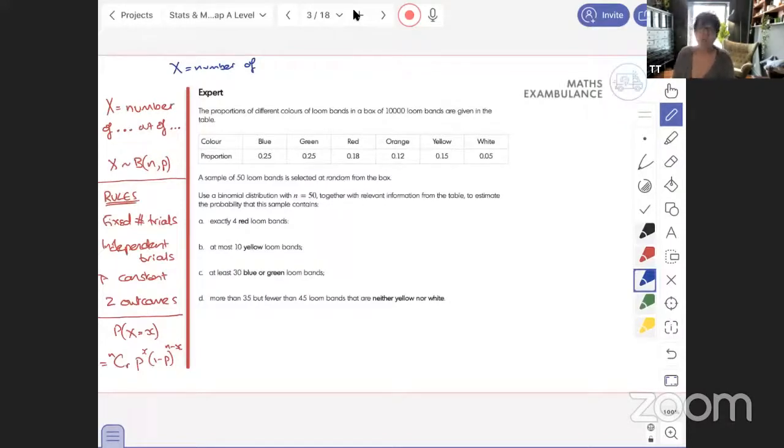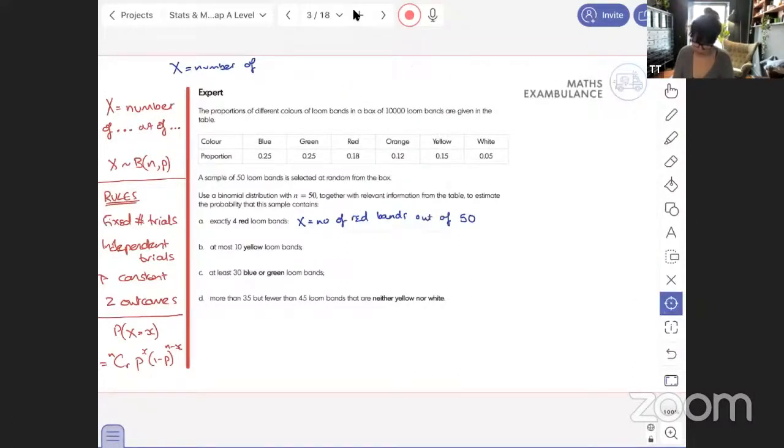Okay, so what is x the number of here? Well, I'm going to actually write it next to it, because it's going to keep changing, and this is why it's really important to keep writing it down and thinking about it. X is the number of red bands, and here's the other important bit. How many is it out of? Because that might keep changing. Out of 50.